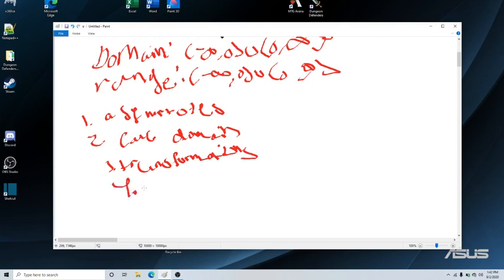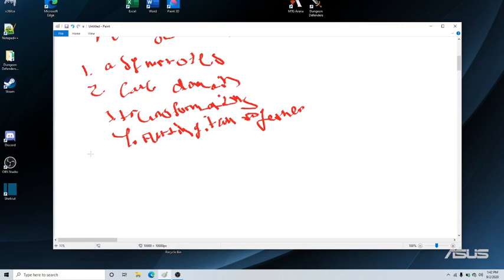And four, putting it all together. So we'll put together the asymptotes, the domain, the range, and the transformations to get the really general shape of the curve. That'll be the next few videos. Also rational inequalities as well, because that's a skill you guys need to have too.